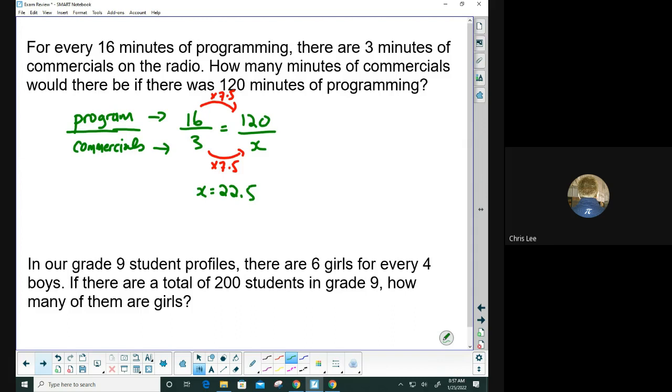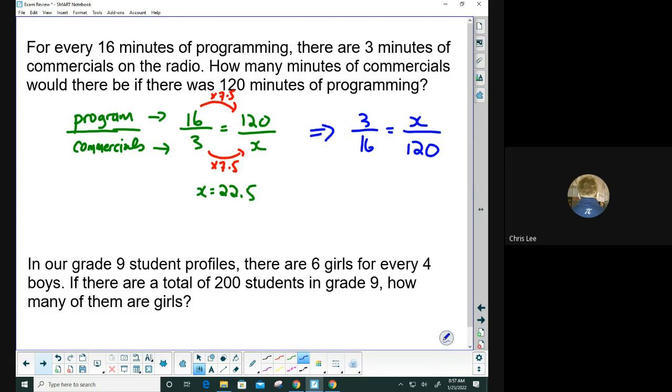But if I was nervous about that, that's okay. I can solve it like I solved the other ones. I can set up the ratio like this right now.